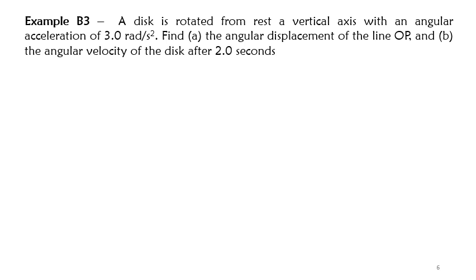Now look at the question. A disk is rotated. The body is going through rotational motion and is starting from rest. That is, the initial angular velocity, omega I, is equal to 0 radians per second.